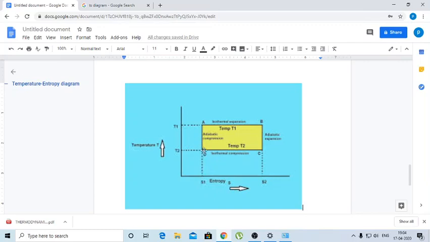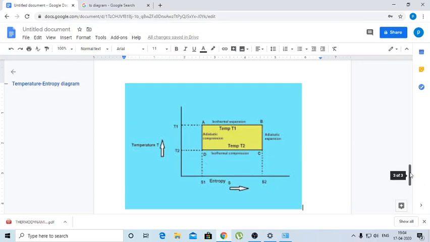So totally the temperature versus entropy diagram is a rectangular diagram, which is in yellow shade here. This rectangular diagram represents the temperature versus entropy graph, the change in entropy of the system with respect to temperature during a reversible process of Carnot's cycle.